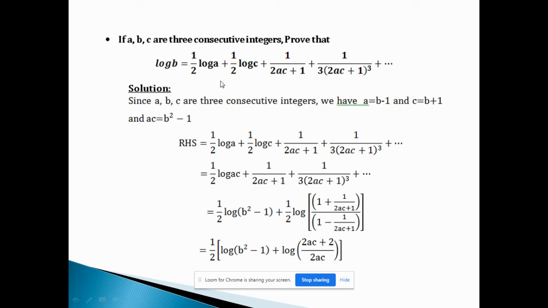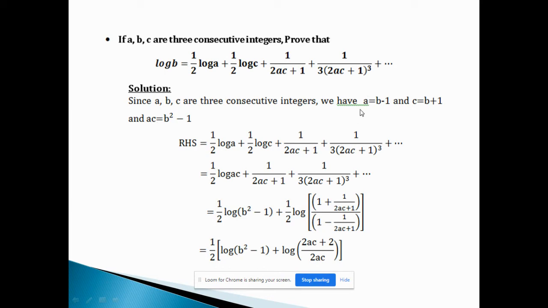Next one. Given a, b, c are 3 consecutive integers, prove that log b equal to 1 by 2 log a plus 1 by 2 log c plus etc. So what is that? Since a, b, c are 3 consecutive integers, we have a equal to b minus 1, b, and c equal to b plus 1. 3 consecutive means b minus 1, b, b plus 1.